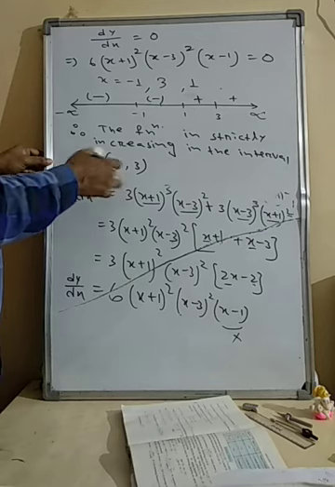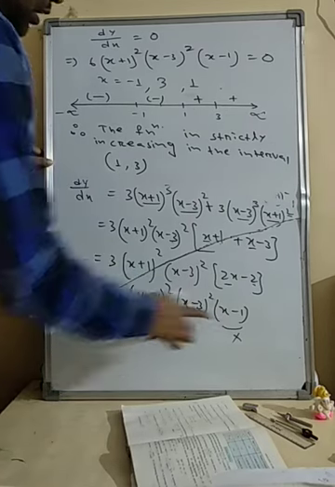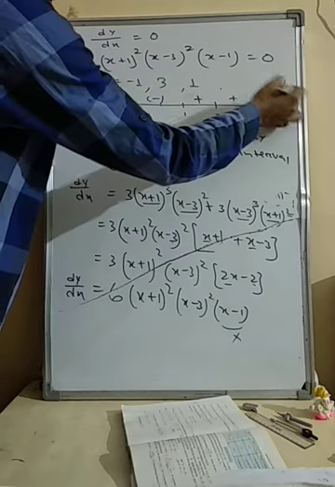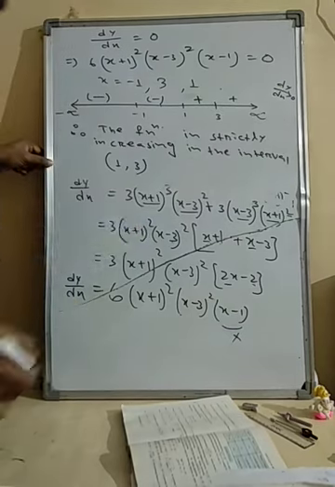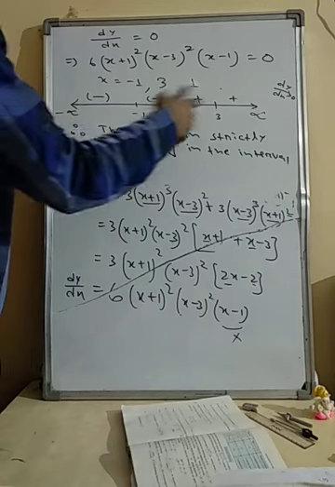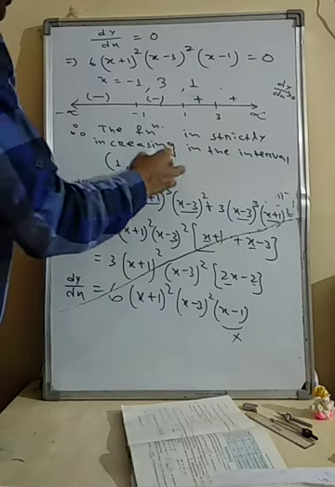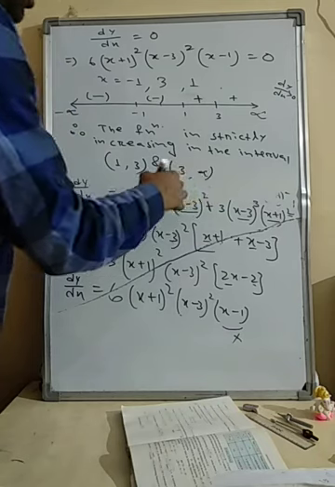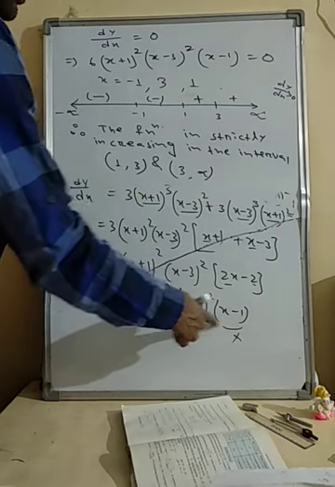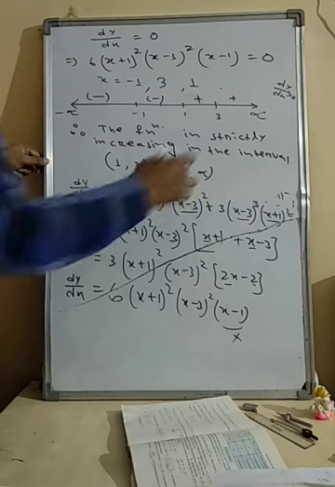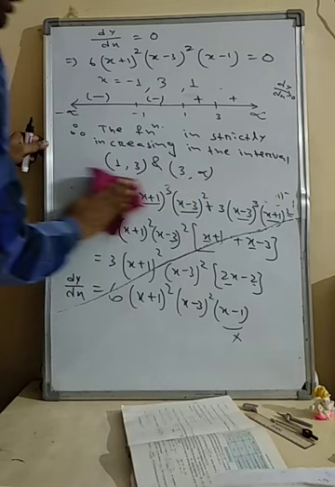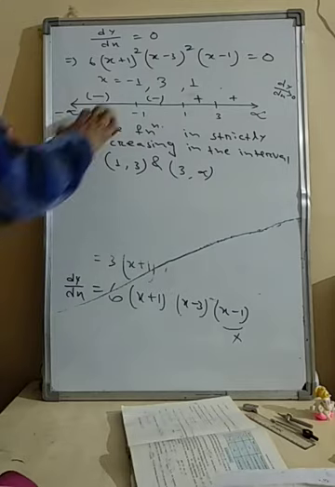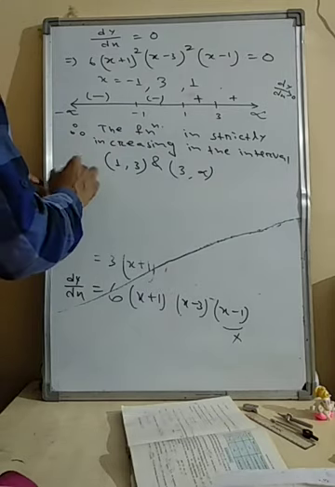If you take x equal to 1, then this part will be 0. Then dy/dx equals 0, but strictly increasing means dy/dx only greater than 0. So therefore 1 to 3 open interval and then 3 to infinity. Obviously 3 is also open because if I put x equal to 3, the entire thing will be 0, and infinity is always open. So here it is strictly increasing.